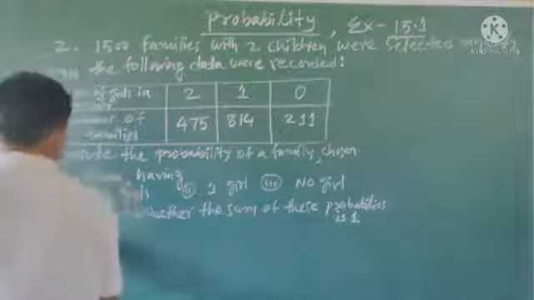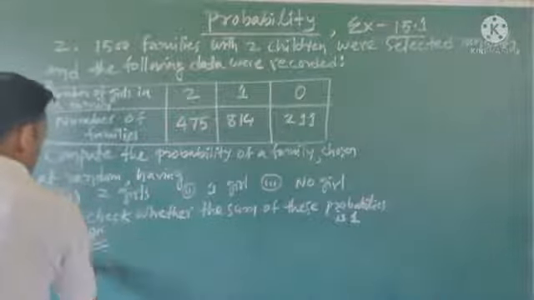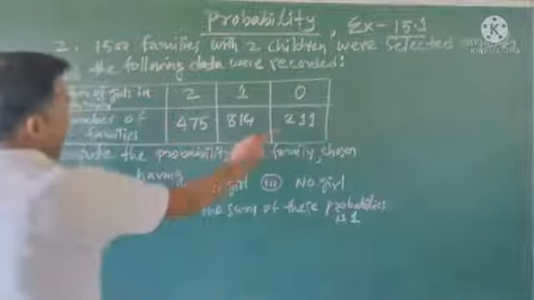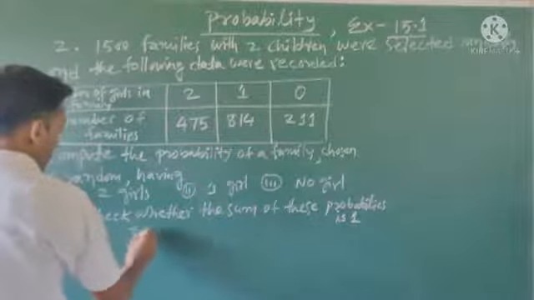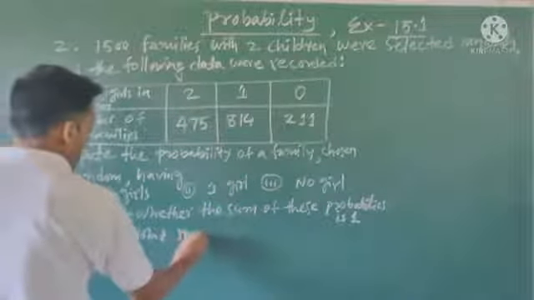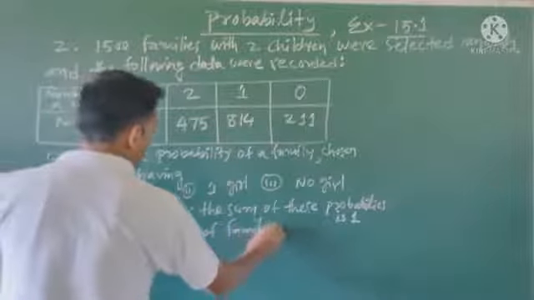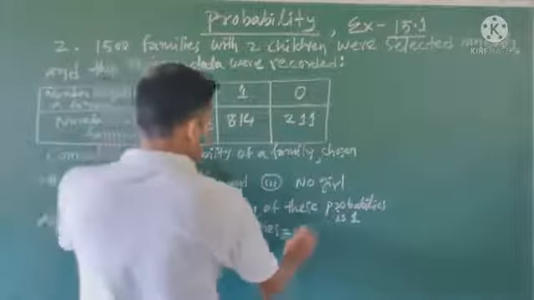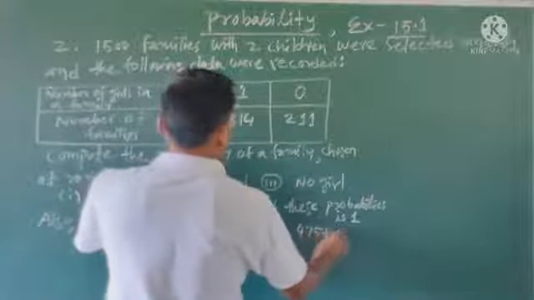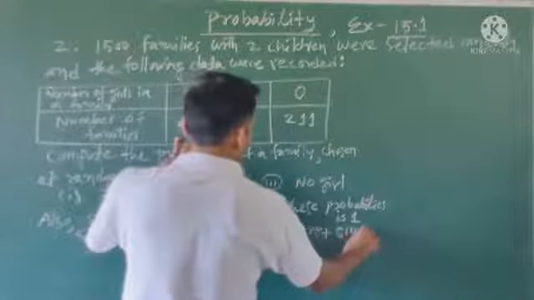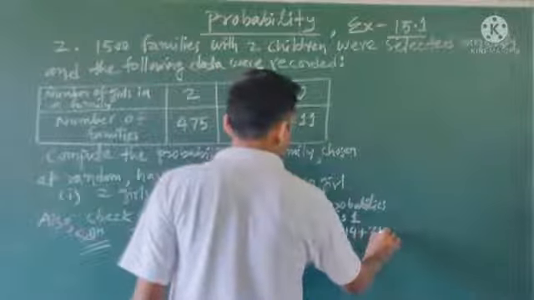So first you find out the total number of families. Total number of families. How much? 475 plus 814 plus 211.